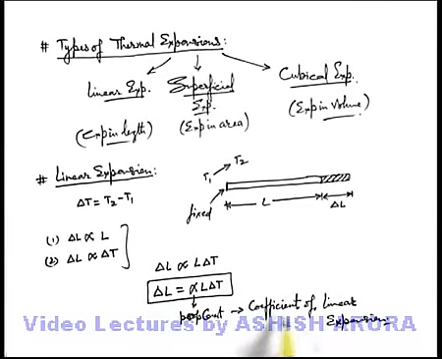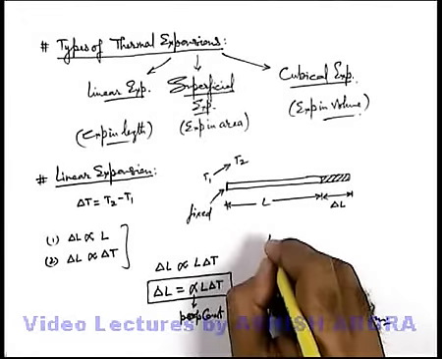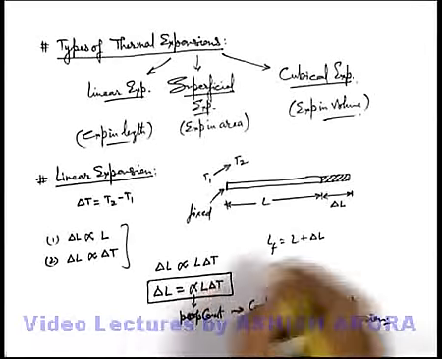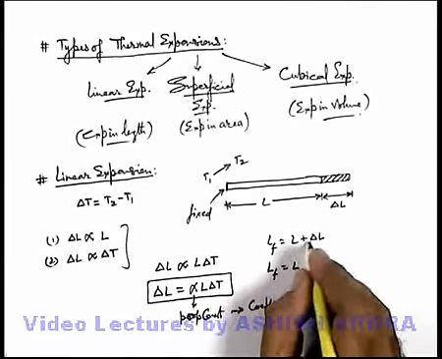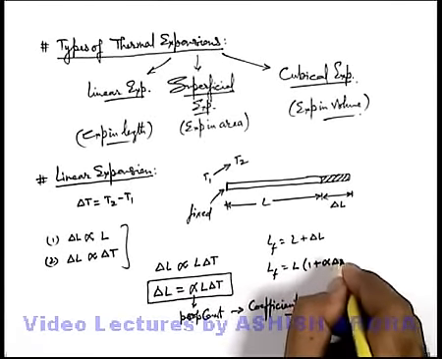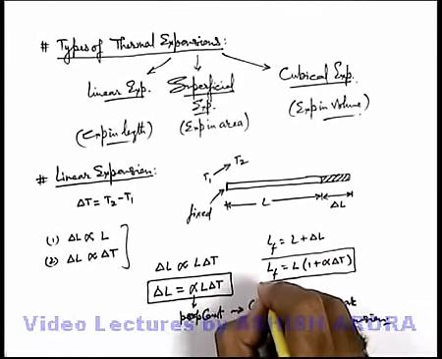Now when we talk about linear expansion, after linear expansion, the final length of rod we can write as L plus delta L, and if we just substitute the value of delta L, this final length will become L plus alpha L delta T. We can take this L common, so it will be L into 1 plus alpha delta T. So this is the final length of the rod after expansion.